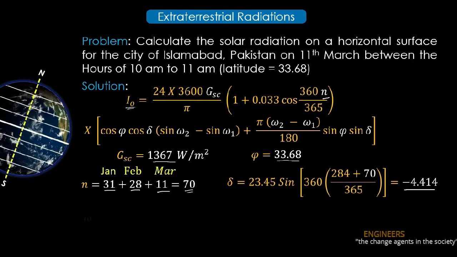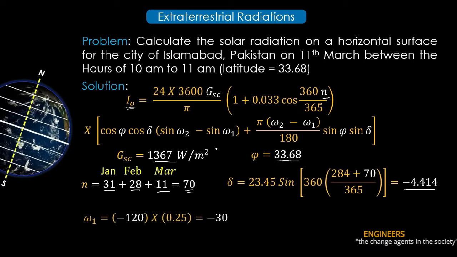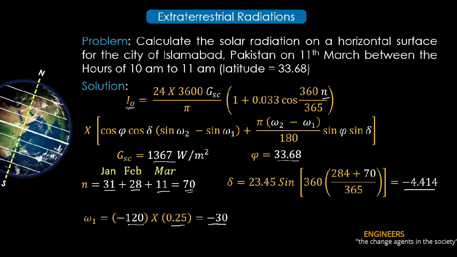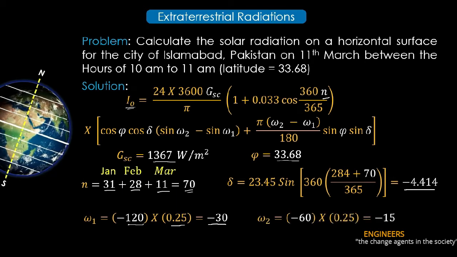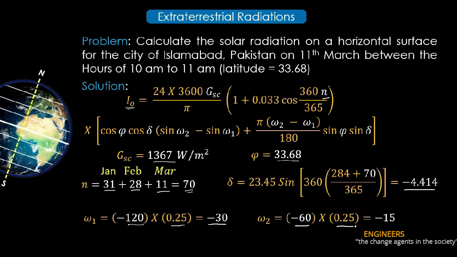Now for omega 1, the starting time, we have 10 am, so with the negative sign we have 120 minutes multiplied with 0.25, so it is going to be minus 30. This is omega 1. For 11 am, 60 minutes with a minus sign multiplied with 0.25, so omega 2 is minus 15.